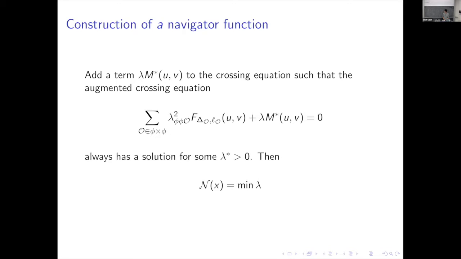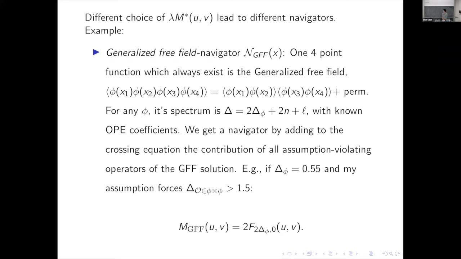But we need to find such a term lambda m star such that we always have a solution to the augmented crossing. And in the original paper, we gave two constructions. Maybe the most intuitive one is the one that I give on the board, which I call the GFF navigator function.